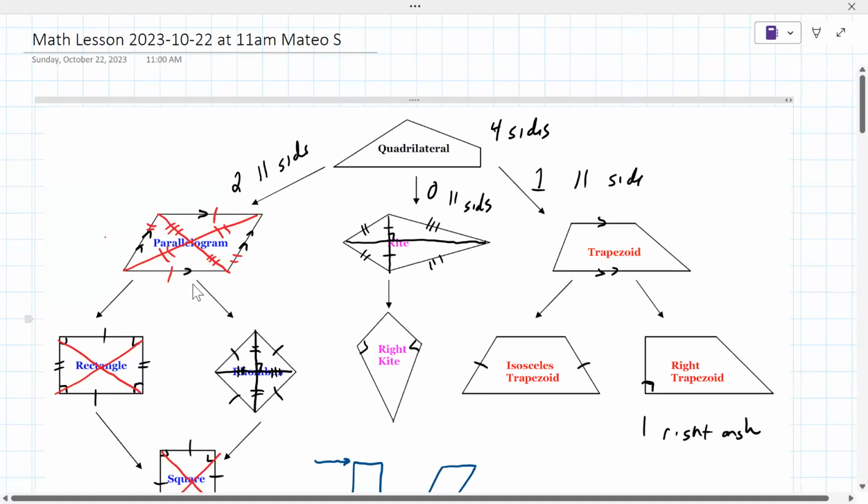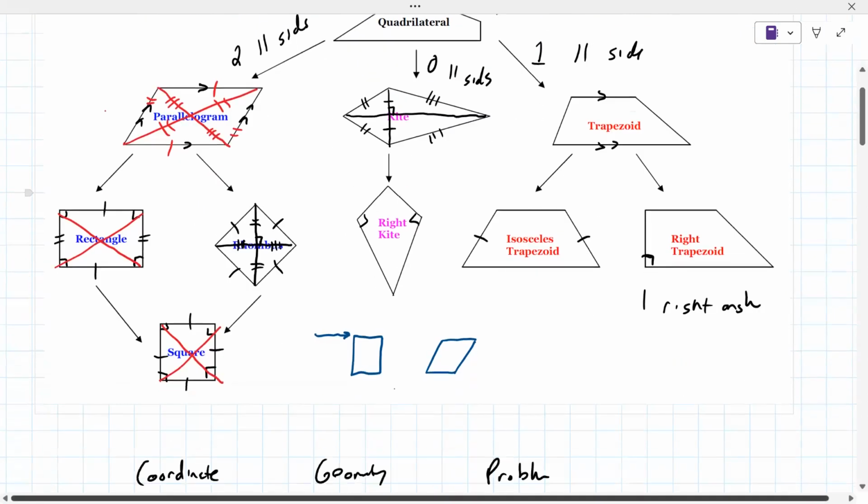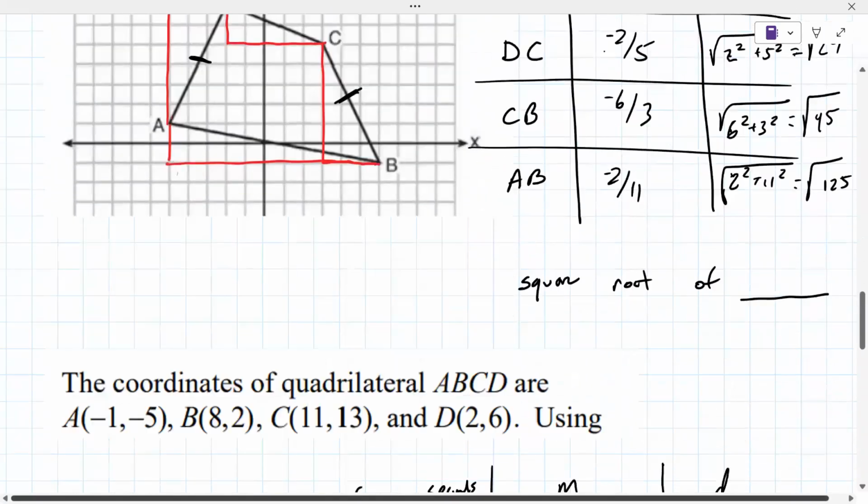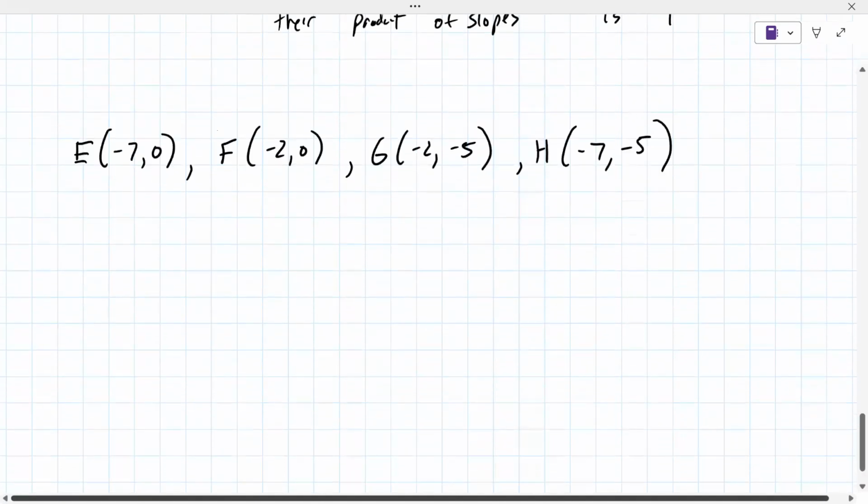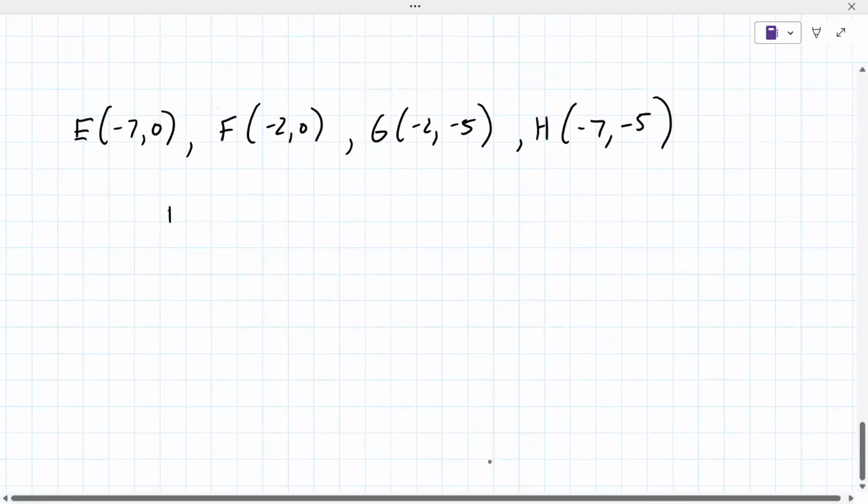Don't worry about the diagonals. That's less important. What do we know about the sides, besides them being congruent? And what is this double line here? Parallel. Yeah.